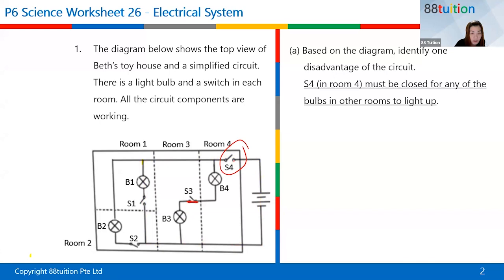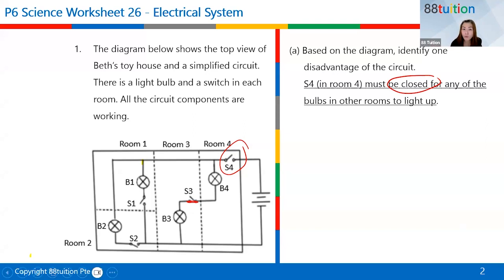But again, if S4 is not closed, none of the lights can light up. Can you all see that? No matter which room I go to, so long as S4 is not closed, I cannot use the lights in any other rooms. That is the fault here. That's the disadvantage here.